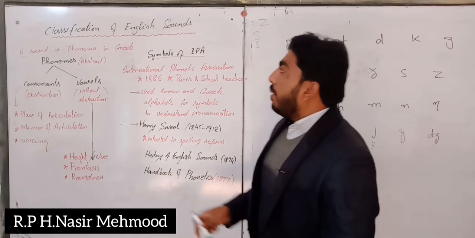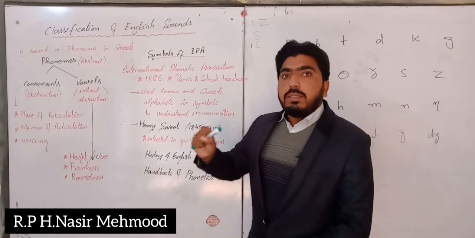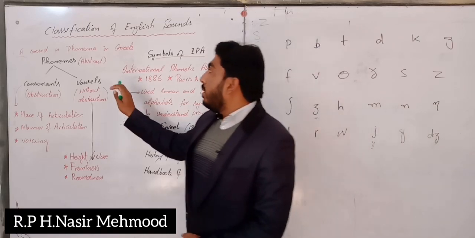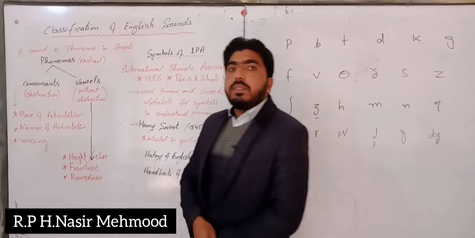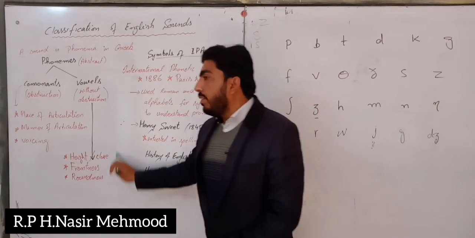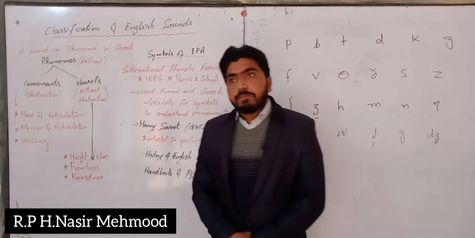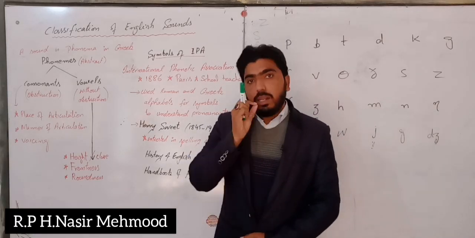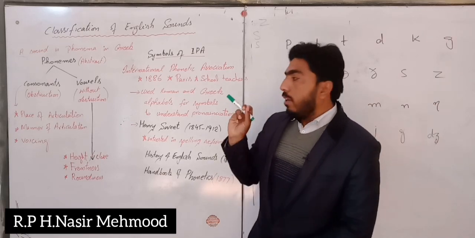In the same way, we will discuss all these things in detail in separate videos. Here we see vowels can also be described on the basis of these three criteria. There is a great role of the tongue, the movement of the tongue, during the production of any phoneme.